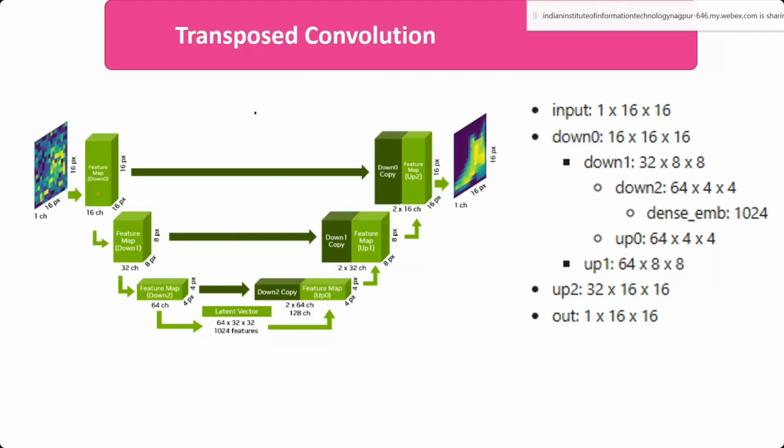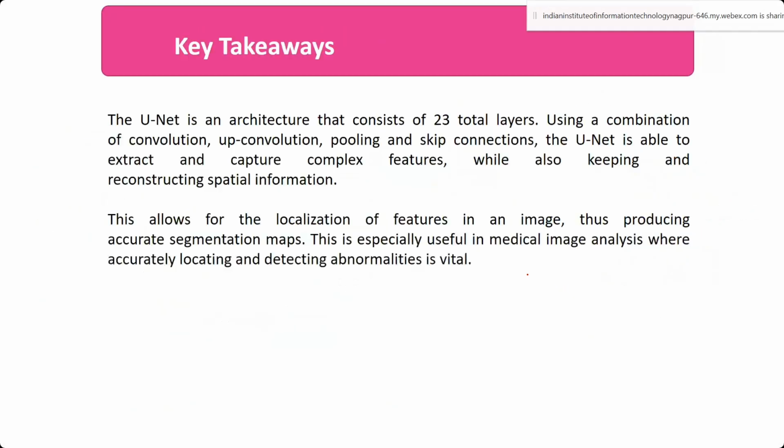So if you see the same image, what are the key takeaways? The U-Net architecture consists of a total of 23 layers using a combination of convolution, up convolution, pooling and skip connection. So the U-Net is able to extract and capture complex features while keeping and reconstructing the spatial information.